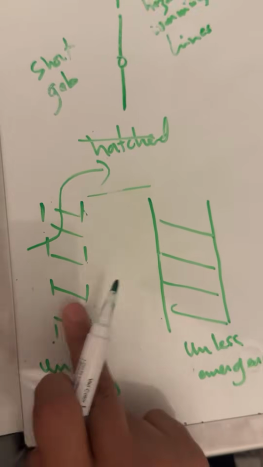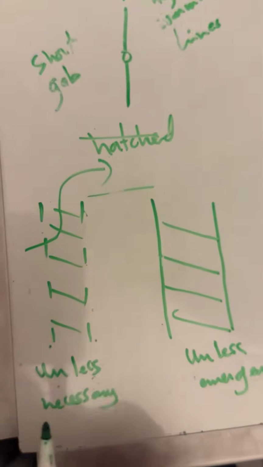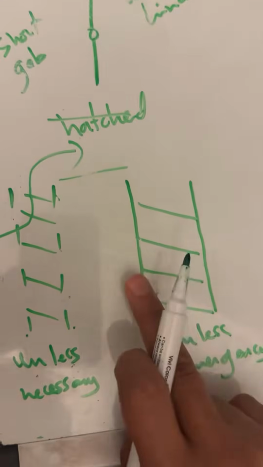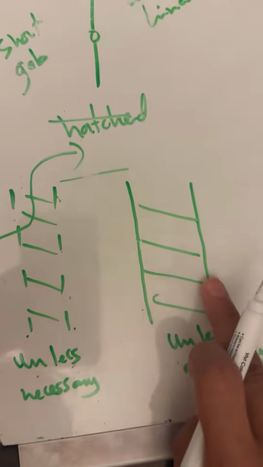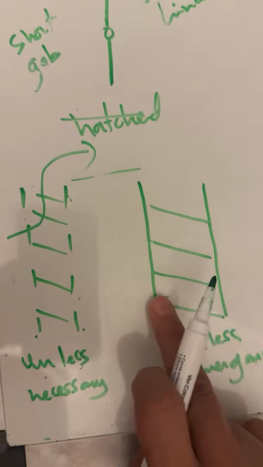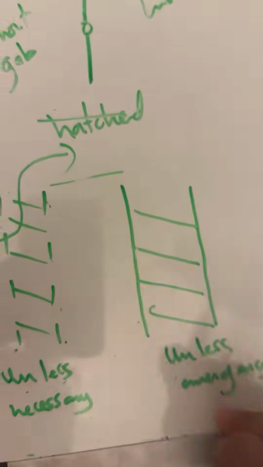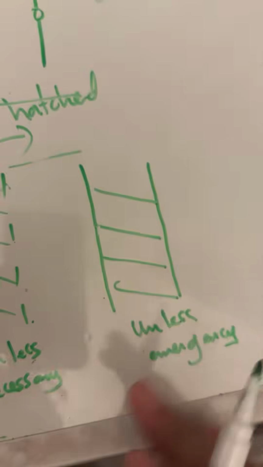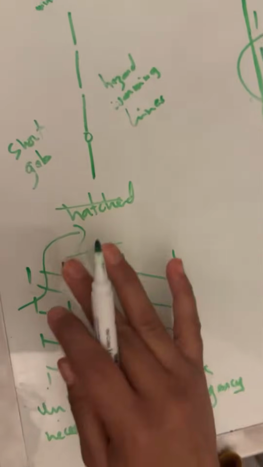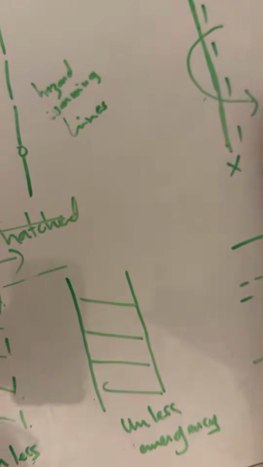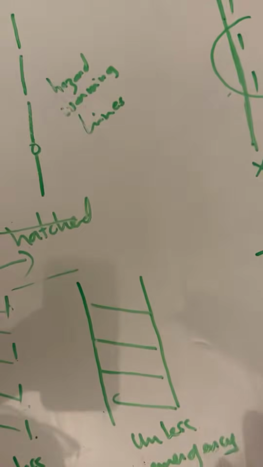If it's surrounded by a broken line, you'll be fine to enter when you need to, if it's necessary. If it's a solid line, it means no, don't enter, don't cross it. It's like a wall. You should not be entering the area unless it's really an emergency. You know, when I'm talking about the rules, it's on a normal condition. When there is an emergency, that's something out of hands.